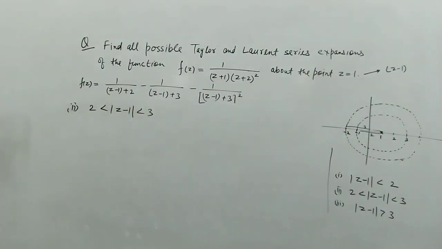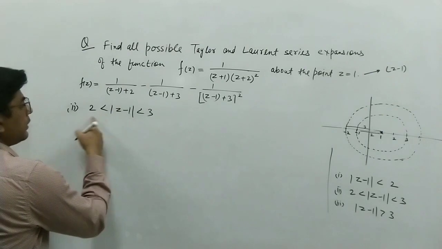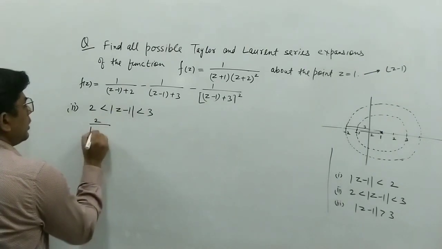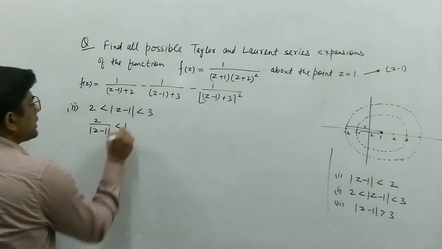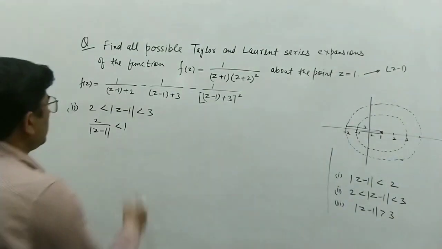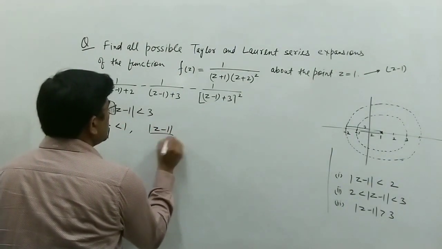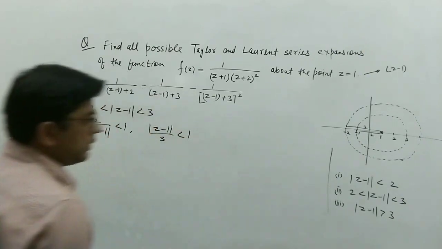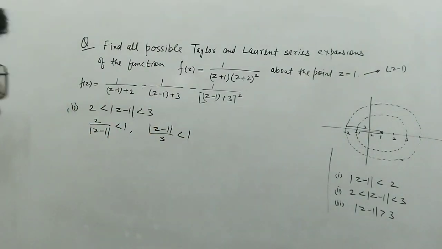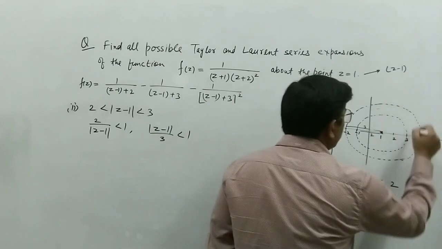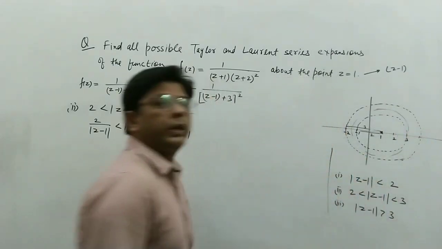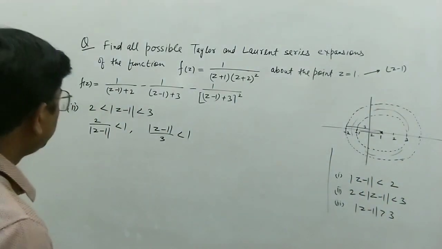So here by the first inequality we can write this as 2 upon mod z minus 1 less than 1, and using the second inequality we can write this mod z minus 1 upon 3 less than 1. Okay, so this is the region between these two circles. So we should get a Laurent series.